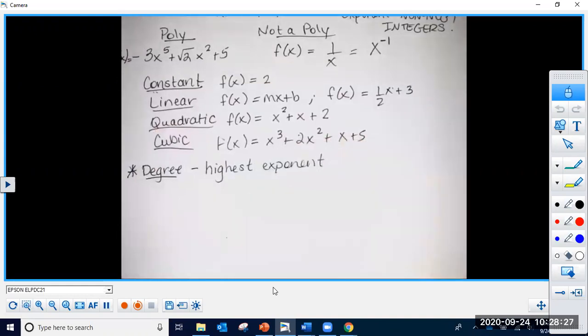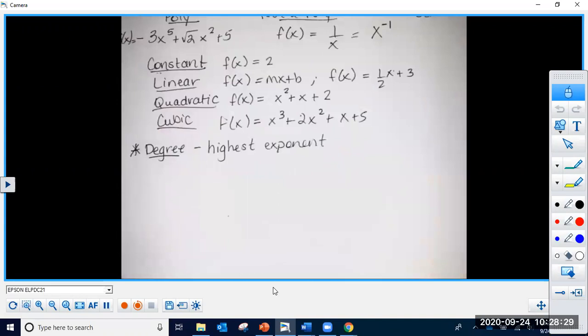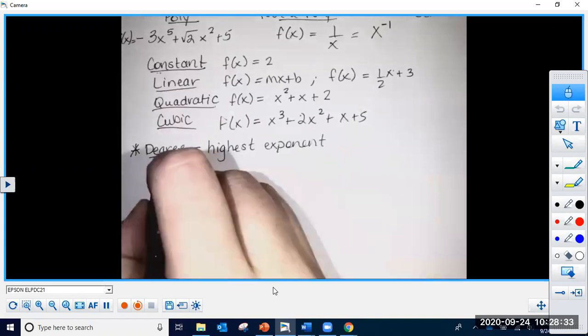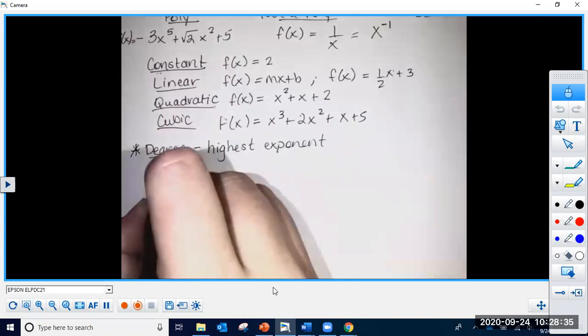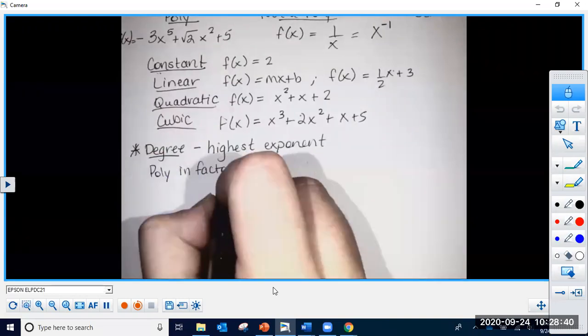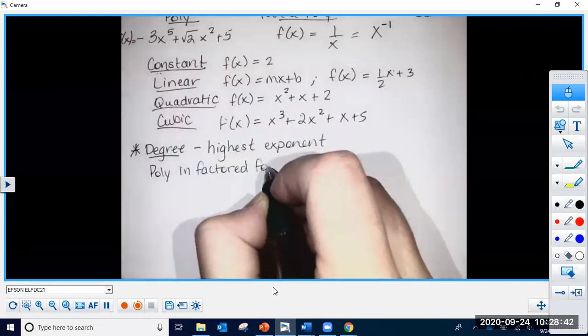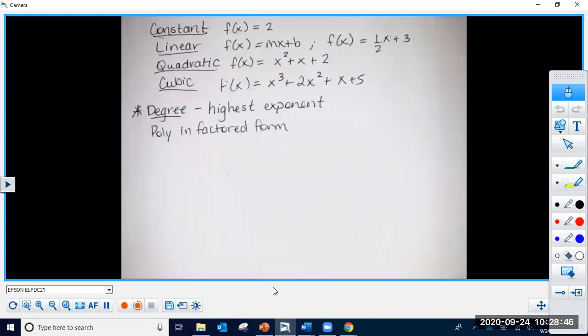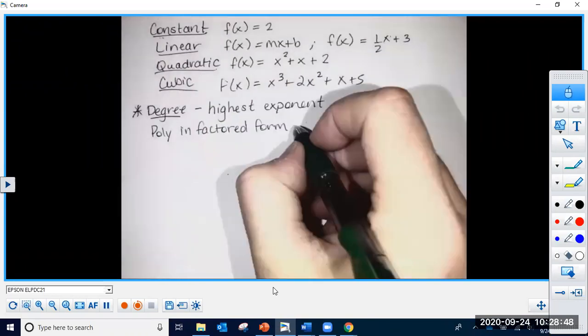You're going to see two types of polynomials in all of your problems. So you might have a polynomial that is in factored form, which will actually make it easy on you to find x-intercepts later on that we're going to do. And so that would look like this.